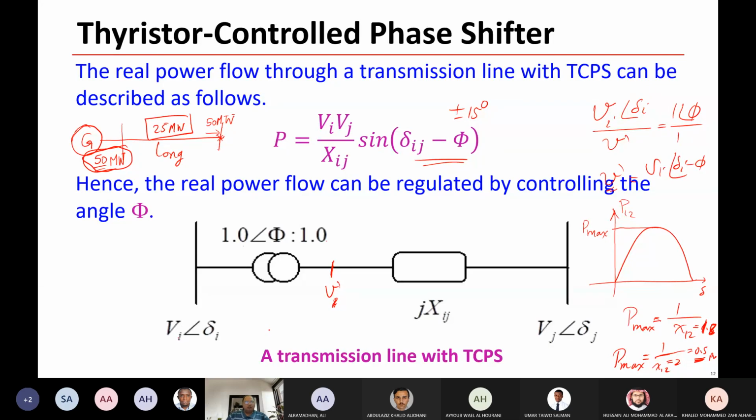Usually you have, for example here in Saudi Arabia, long transmission lines between areas. You have the eastern operating area, the central operating area, the western operating area, and the southern operating area. So these are long transmission lines, and for long transmission lines, what limits the power is the stability limit.